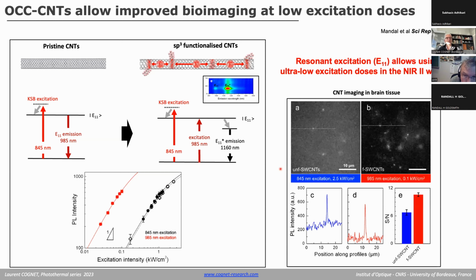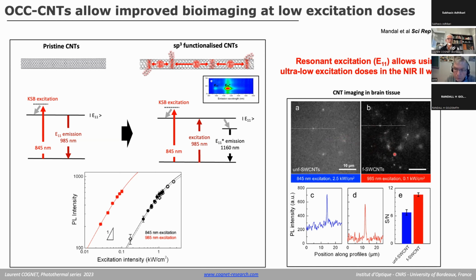It's simply because this line is very strong. And visually, you can see that we looked at that in brain structure. So this is the same area of the brain structure where we excited here on the phonon side band, or we excited the nanotubes at the E11 transition. But as you see here, we excited them with only 100 watts per square centimeter, which is very low in bioimaging of single molecules, with an improved signal-to-noise ratio.